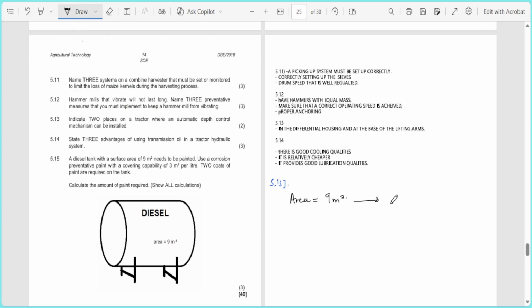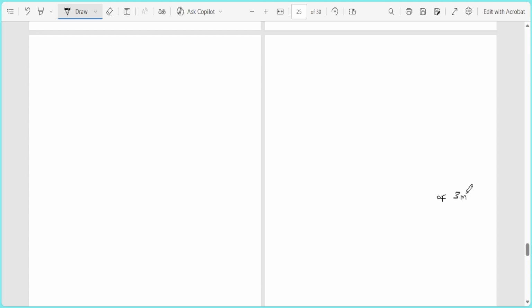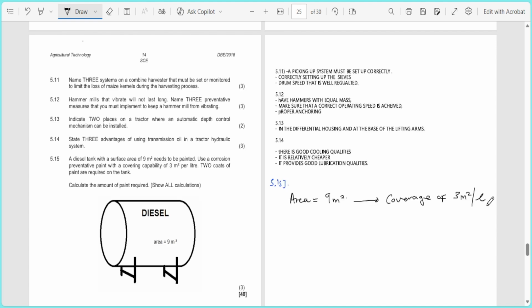Then we also have a coverage of 3 square meters per liter. So the coverage simply means that a liter of the paint that you're going to apply is going to cover 3 square meters, right? Now we want to figure out how many liters.